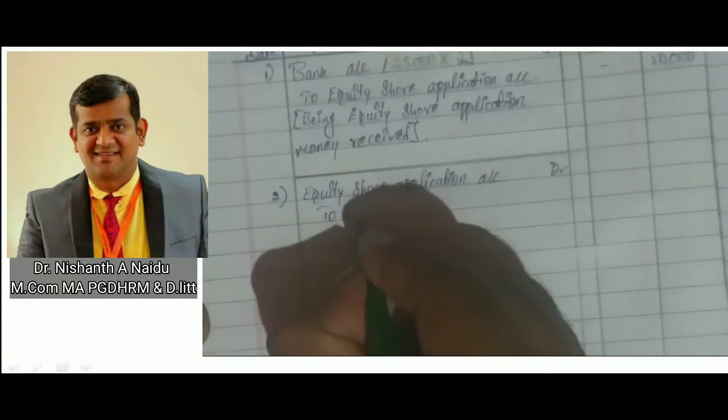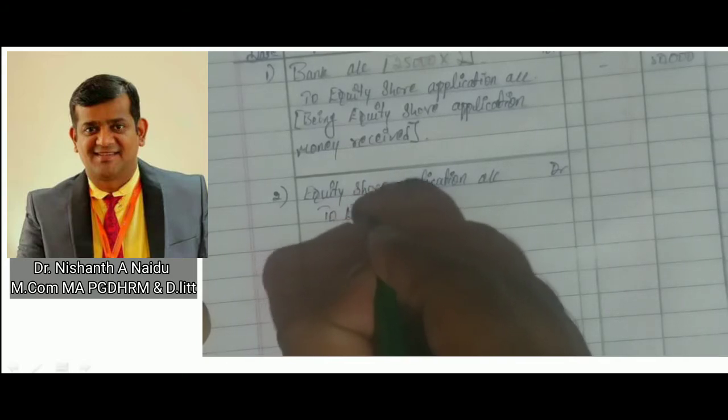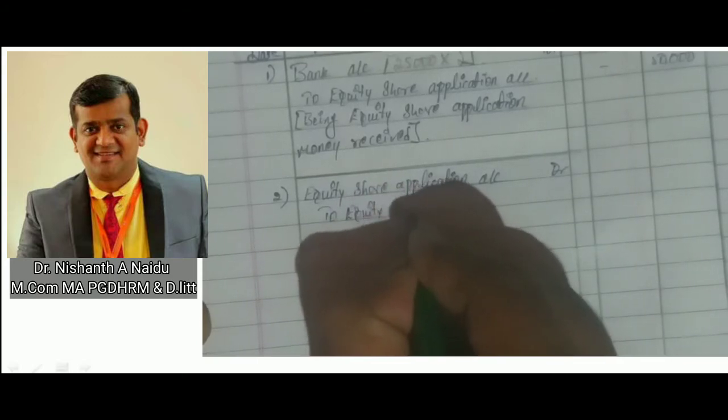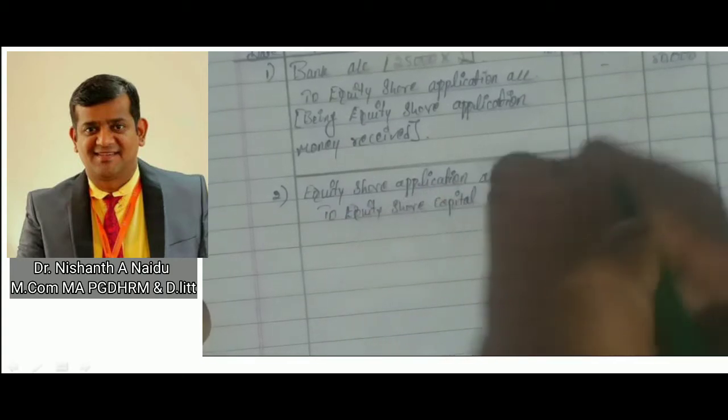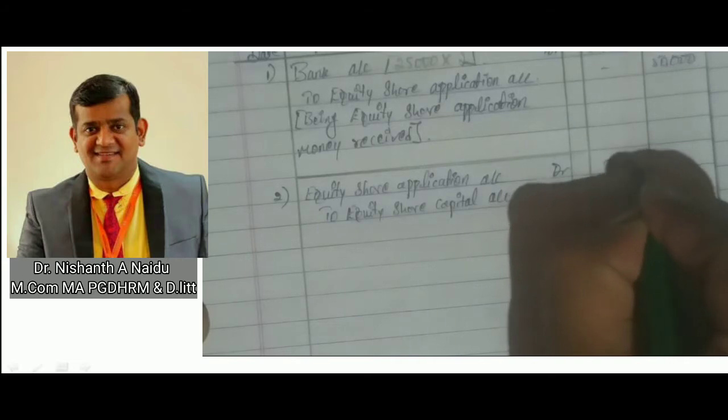To equity share capital account. So I'm transferring the money directly, 50,000.